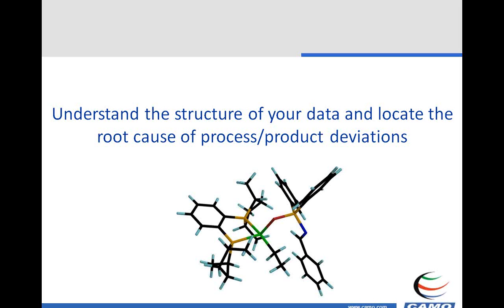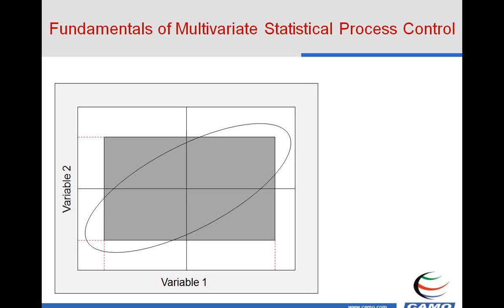So to continue on the understanding of the structure of data, we are going to see the fundamentals of multivariate statistical process control. So here we have two variables, variable 1 and variable 2, and they have upper and lower limits. So what happens is that the gray part is what you will accept if you were doing univariate analysis.